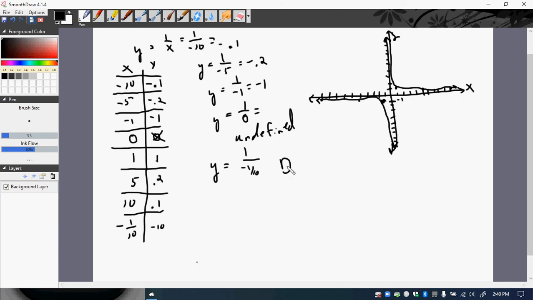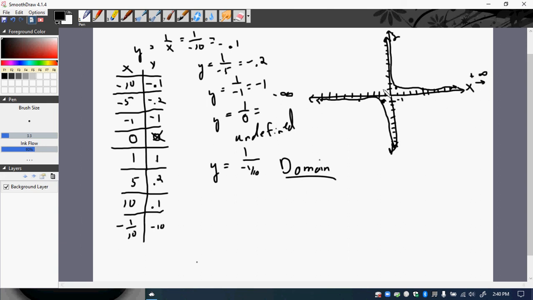So my domain, okay, is all the x values. So is there any x value that, because I see that it goes all the way to negative infinity, and it can go all the way to positive infinity.